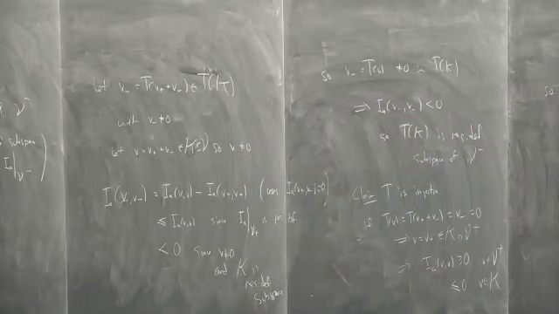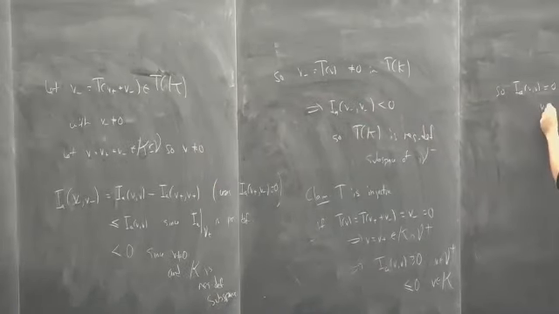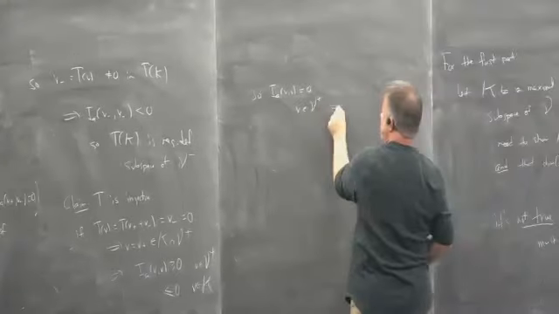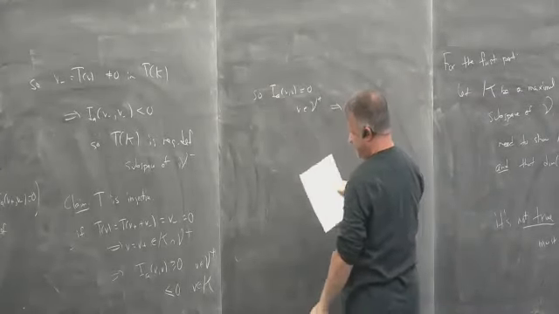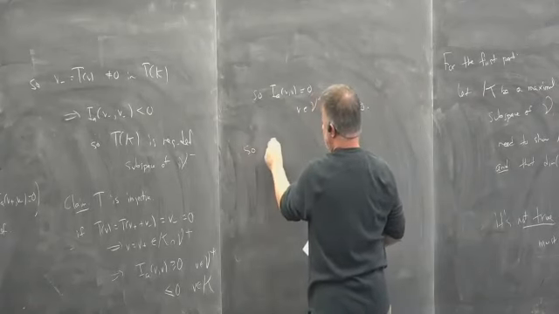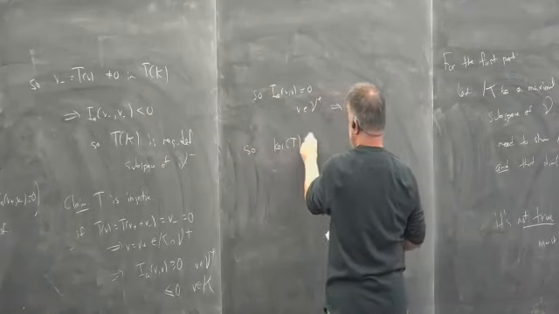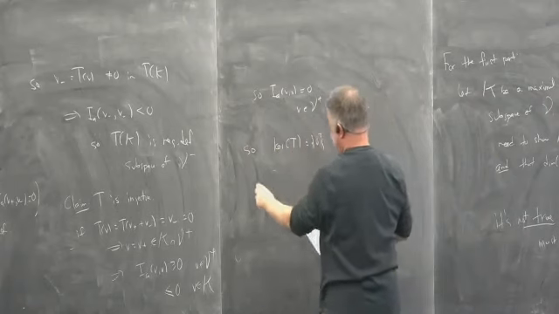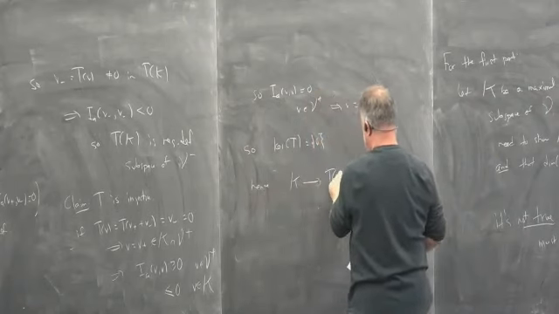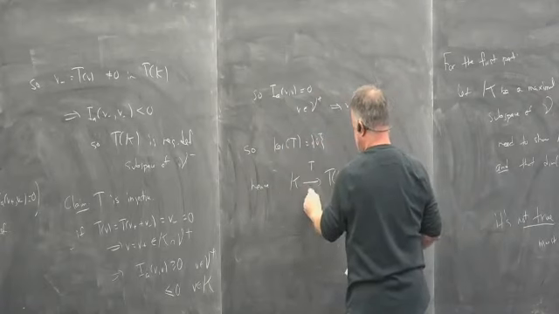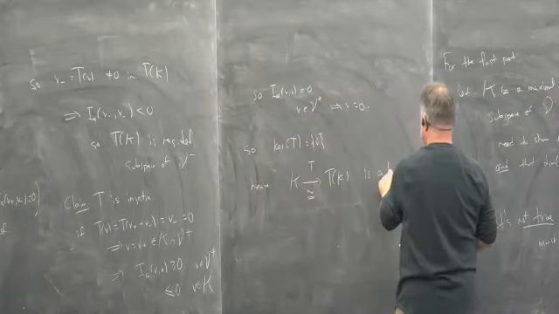So IA of VV equals 0, but V is in V plus. This means that V equals 0 because IA was positive definite on V plus. So the kernel of T is trivial. So hence, K to T of K is a linear isomorphism.